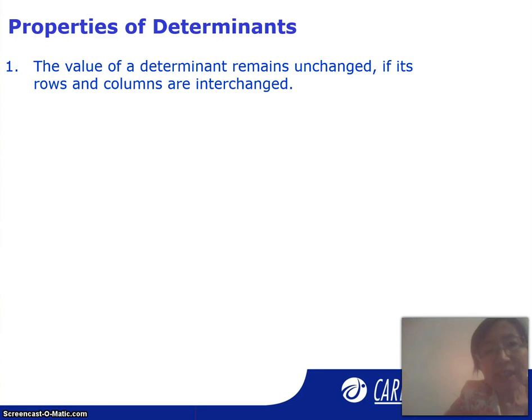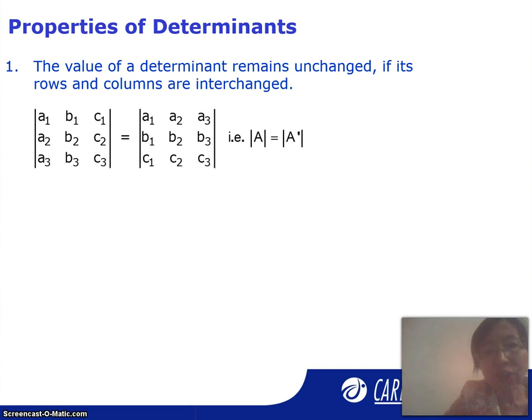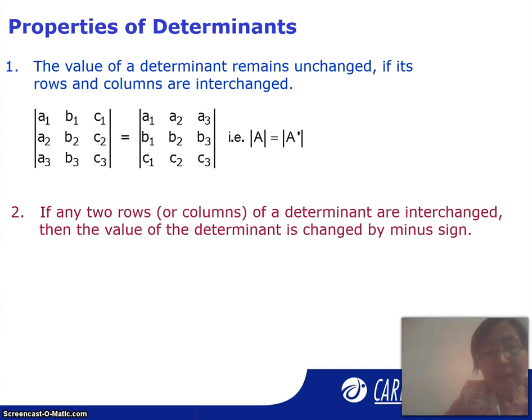So let's consider properties of determinants. First property, the value of a determinant remains unchanged if its rows and columns are interchanged. Second, if any two rows or columns of a determinant are interchanged, then the value of the determinant is changed by a minus sign.